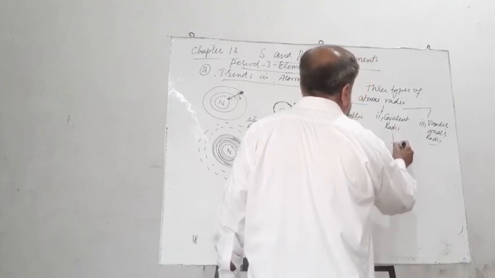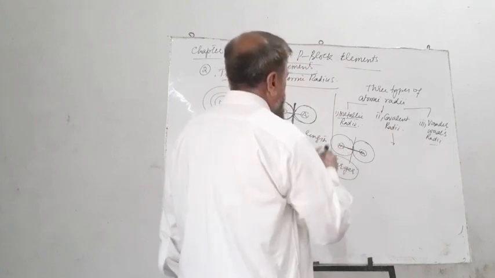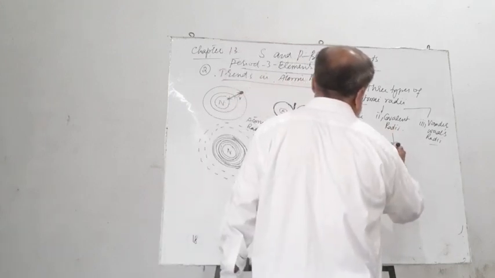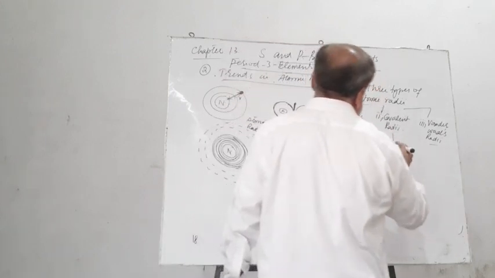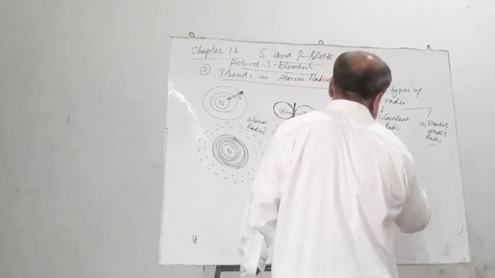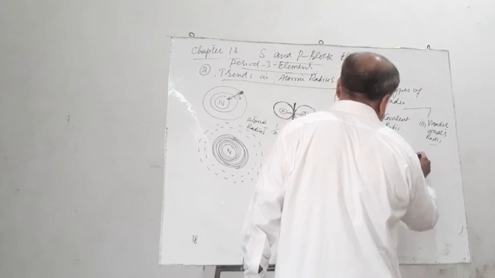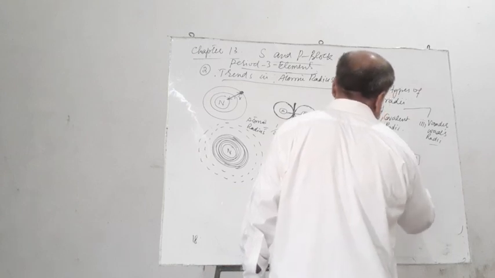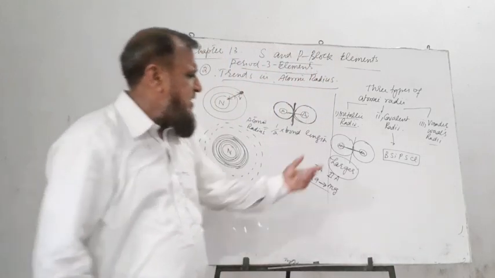Covalent radii are shown by elements of the p block, such as boron, silicon, phosphorus, sulfur and chlorine. These are usually non-metals or metalloids.